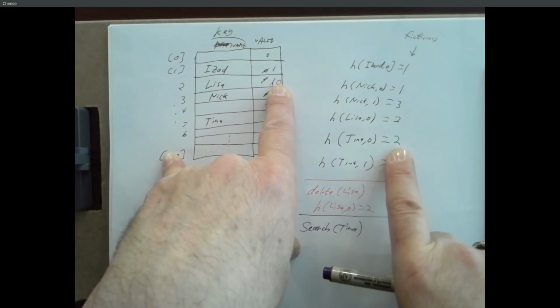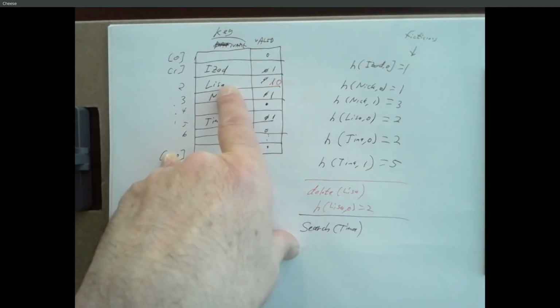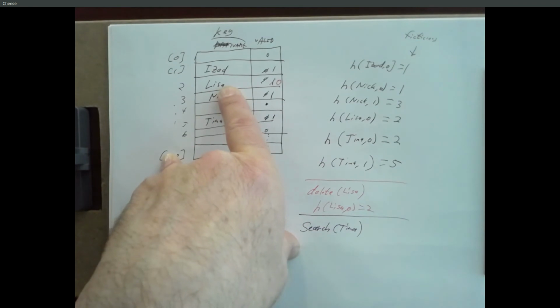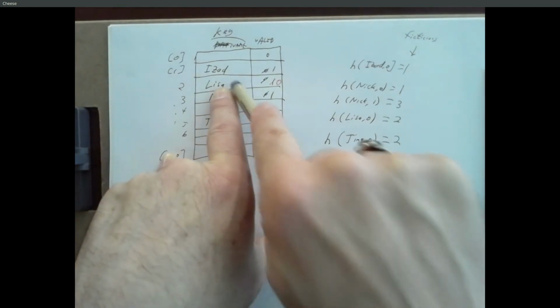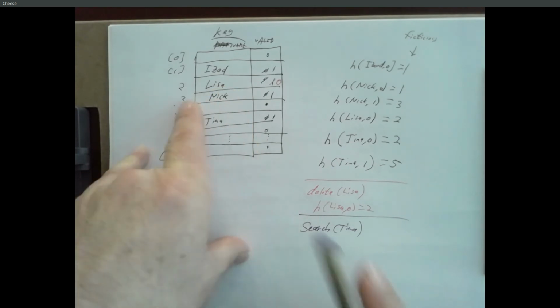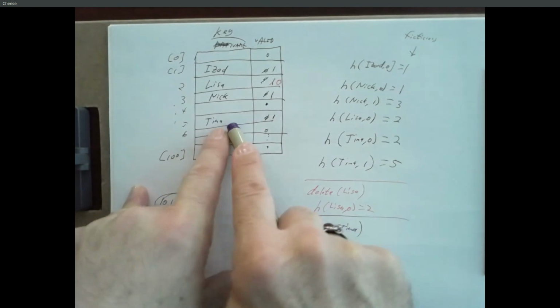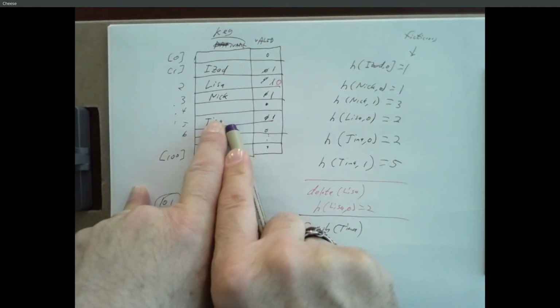Our first conclusion would be, oh, I guess Tina's not in the table. Because we got a valid flag of 0, this spot is effectively empty. The problem is this wasn't empty a moment ago, this had Lisa in it. And because it had Lisa when we tried to store Tina, we had a collision and we had to reprobe and we came down to location 5.